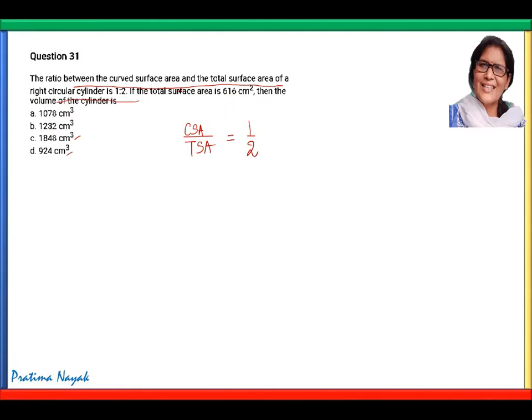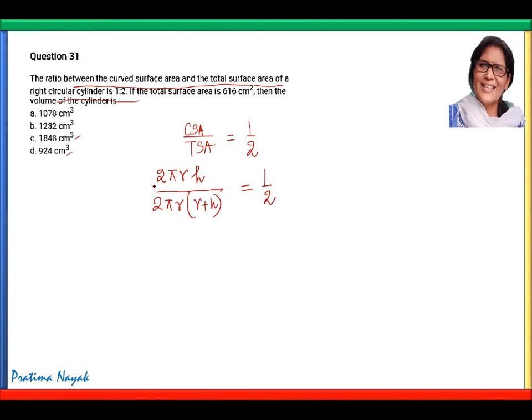Ratio of the curved surface area to total surface area is 1:2. So let us take the curved surface area. It will be how much? 2 pi r h. Total surface area is 2 pi r within bracket r plus h. This ratio is equal to 1 by 2.